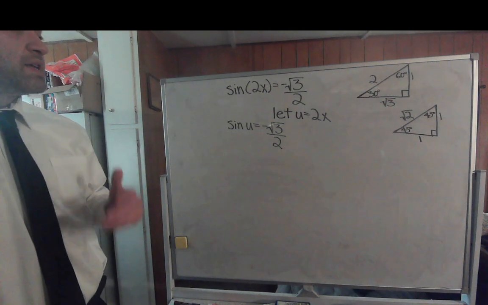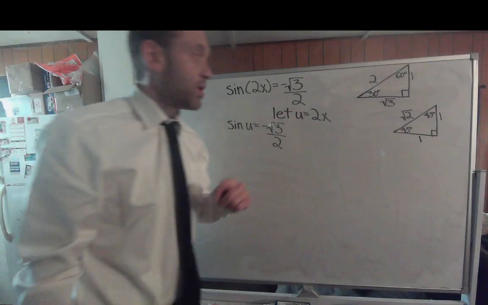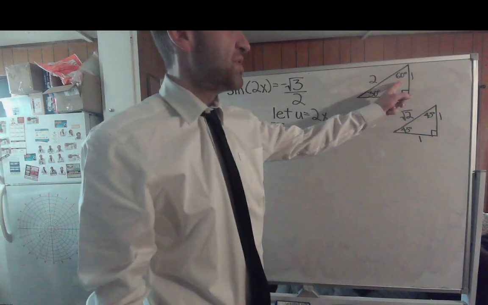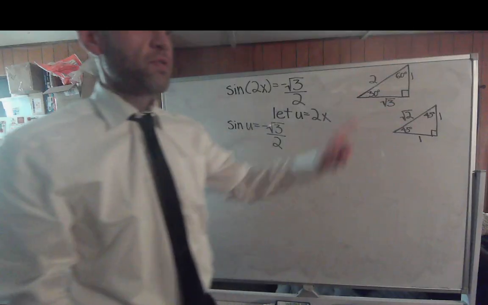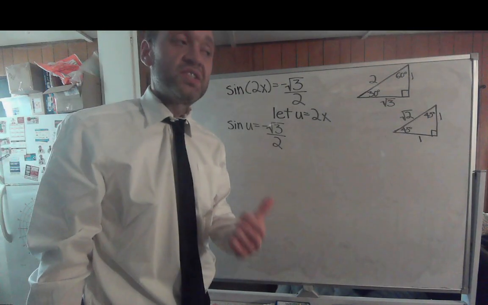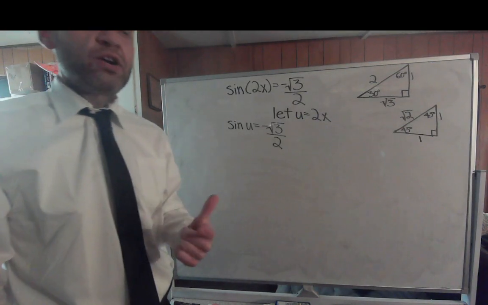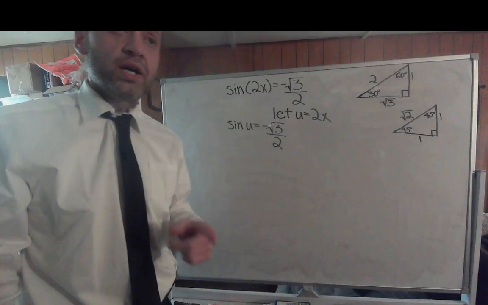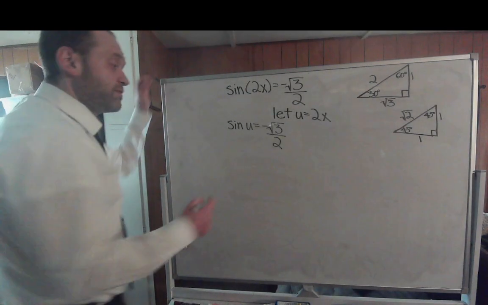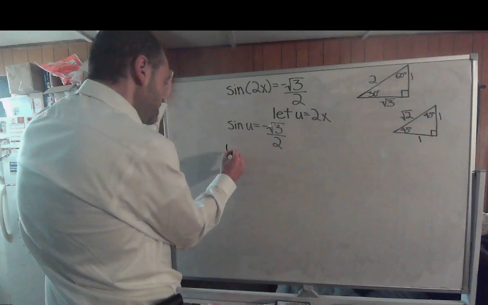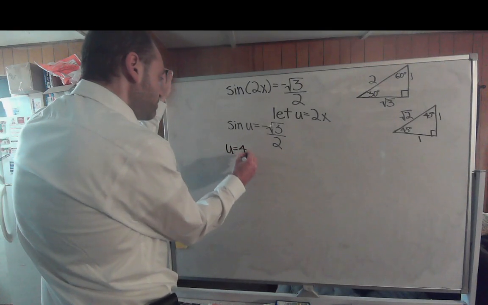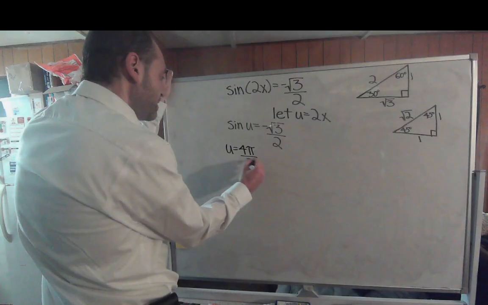Well, sine is opposite over hypotenuse. If you take the sine of 60, you'll get the square root of 3 over 2. So this is going to be based off of a 60-degree reference angle, which is pi over 3. Now in the third quadrant, that's going to be 4 pi over 3. So u is going to equal 4 pi over 3.